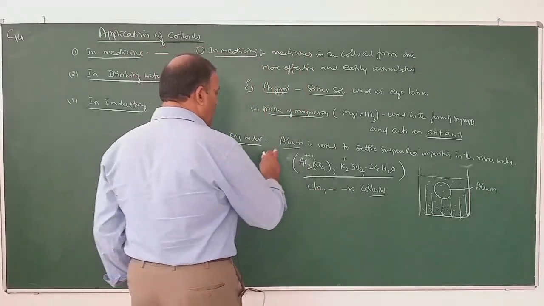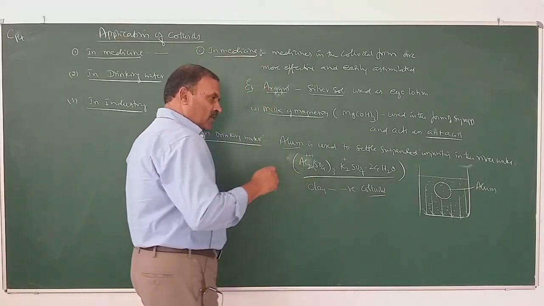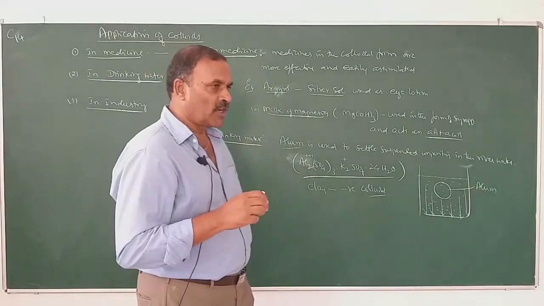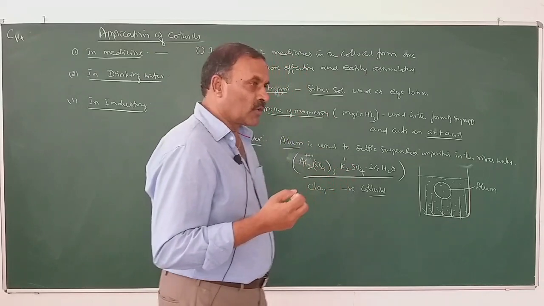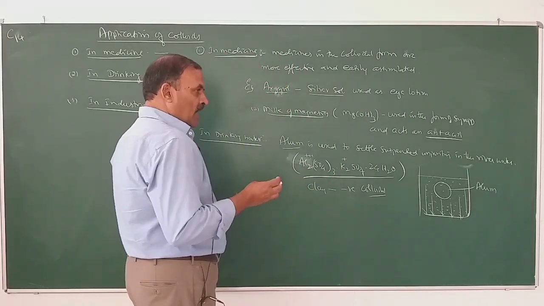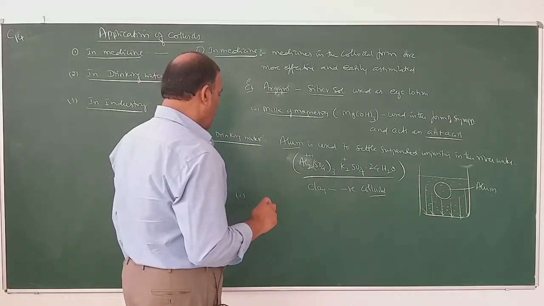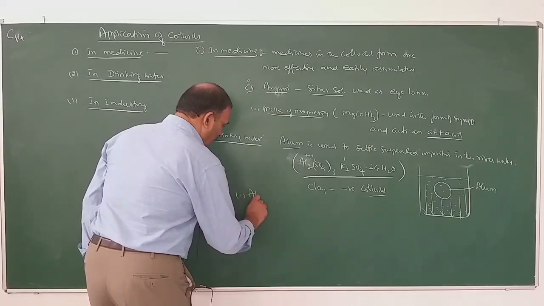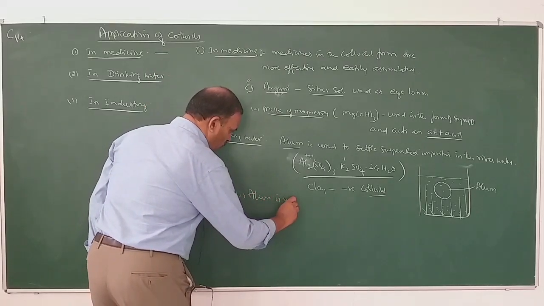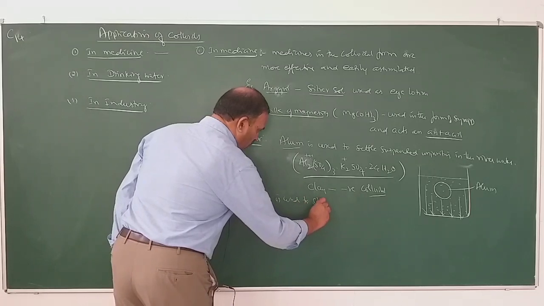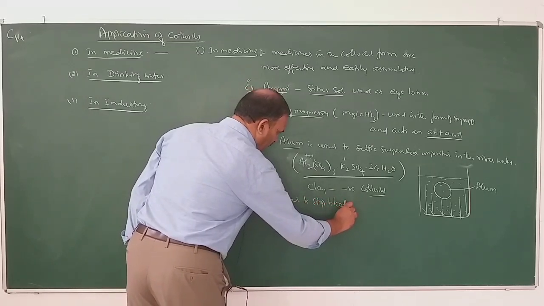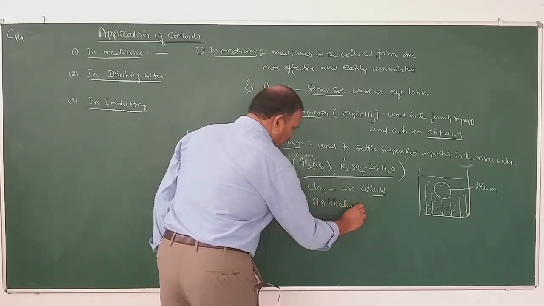So here alum acts as an electrolyte. When electrolyte is added into a colloidal solution, the blood coagulates or precipitates and thereby blocks the veins. So alum is used to stop bleeding during cuttings.